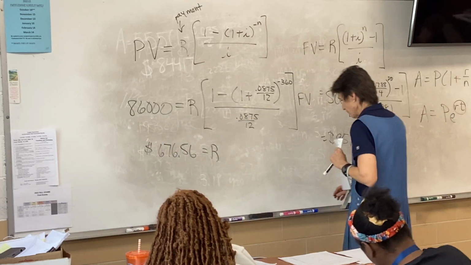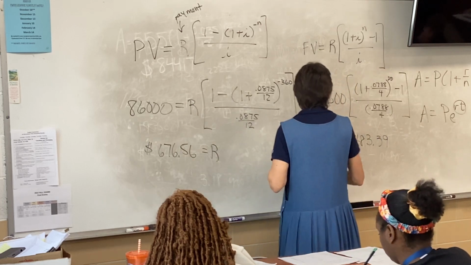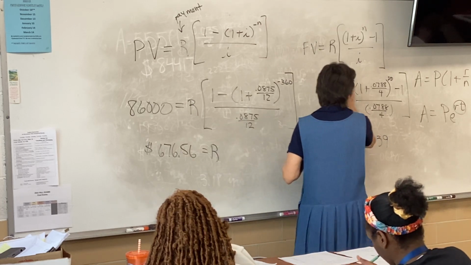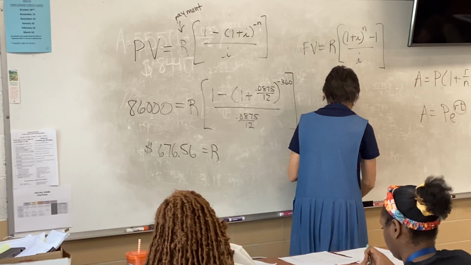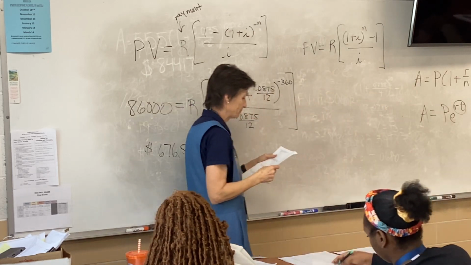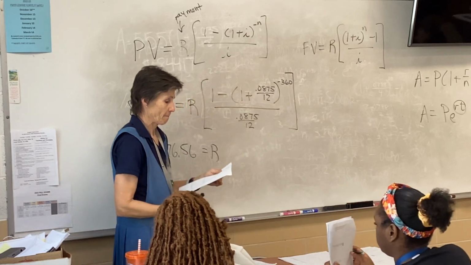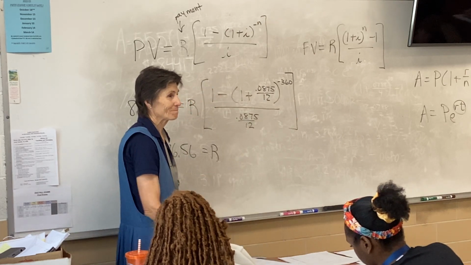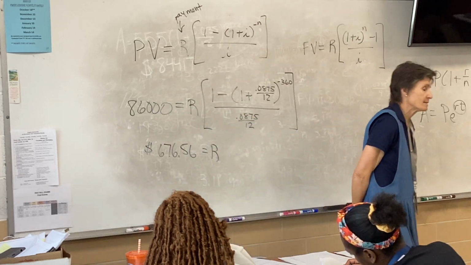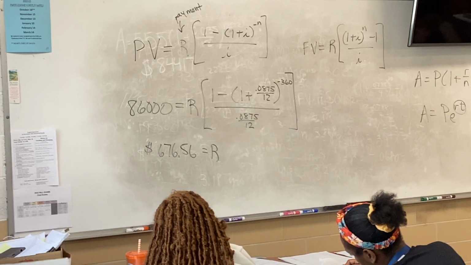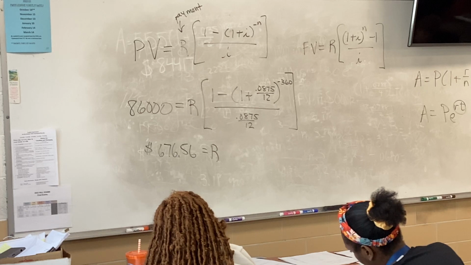Number 12. Which formula for problem number 12? This tricks us all the time. It's not FV. Is she making payments every month?